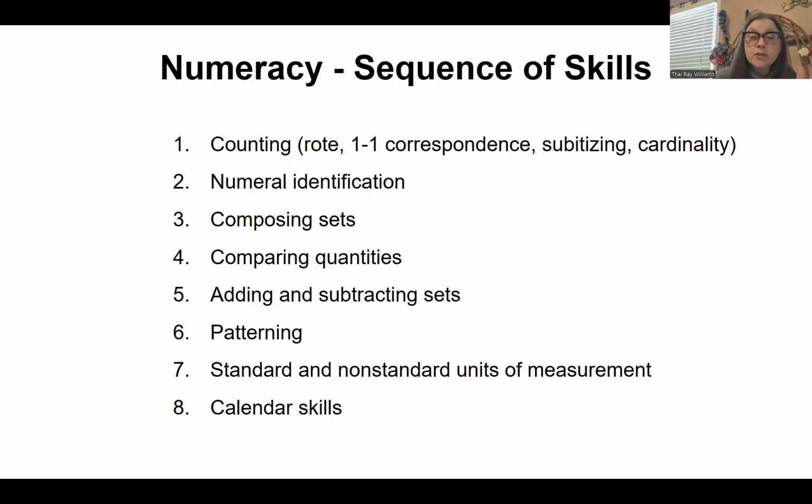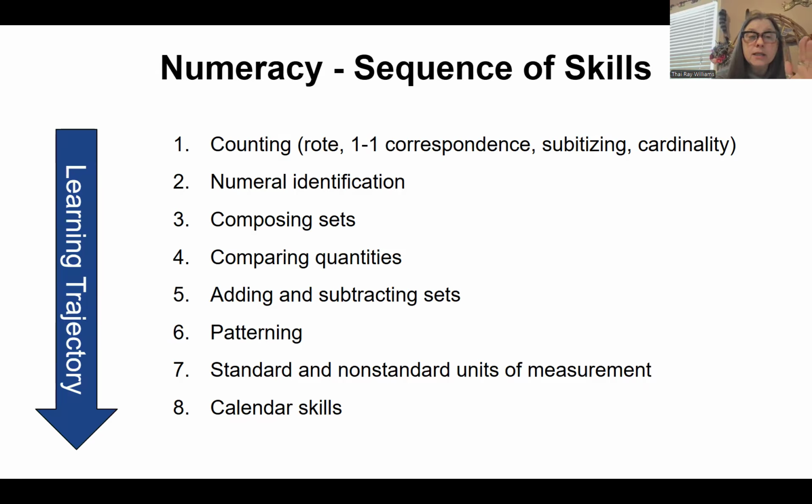What I want you to make sure that you know about these is that this is the learning trajectory. This is the order that you teach these skills in. So you wouldn't teach number identification until you taught counting. You wouldn't teach adding and subtracting sets until you taught students how to compose sets. So again, think about systematic instruction, and these are the foundational skills, and they build as they go on, right? And then these are the foundational skills that those more complex skills will follow.